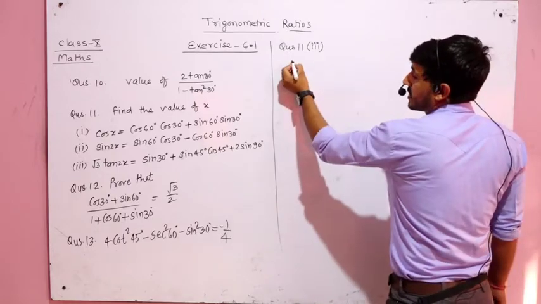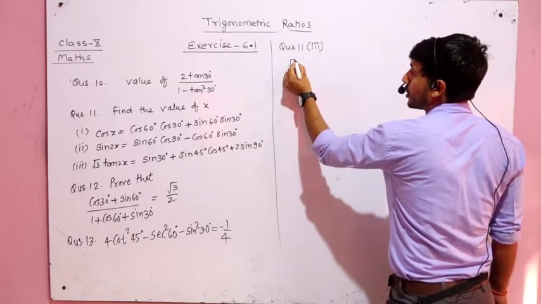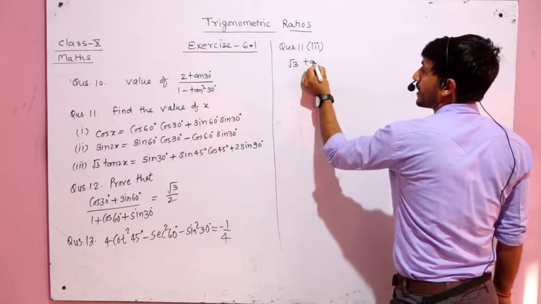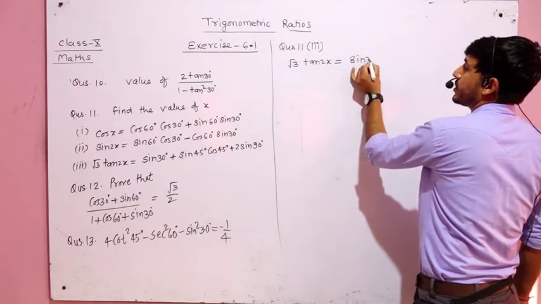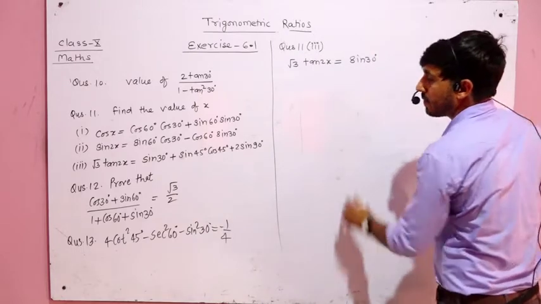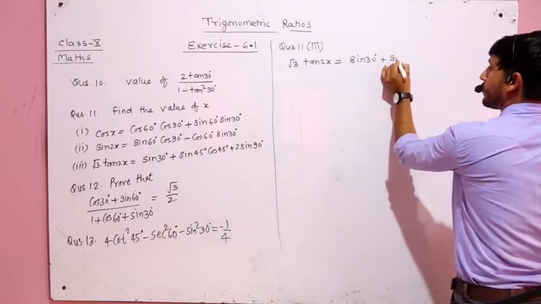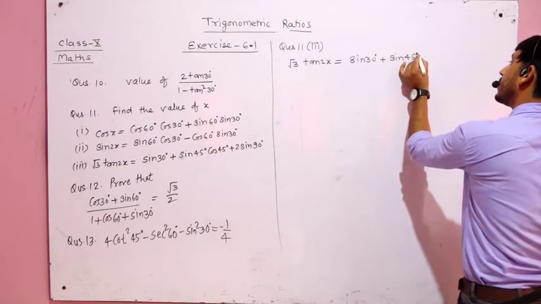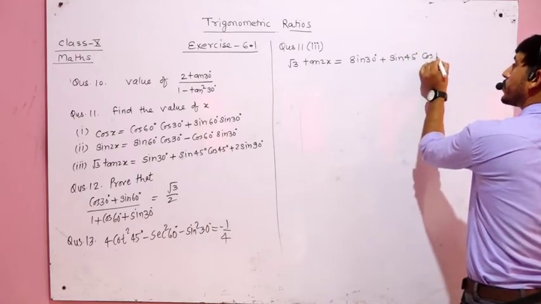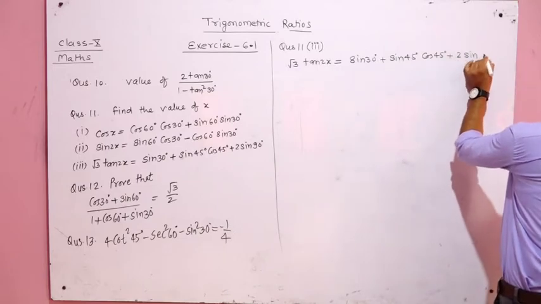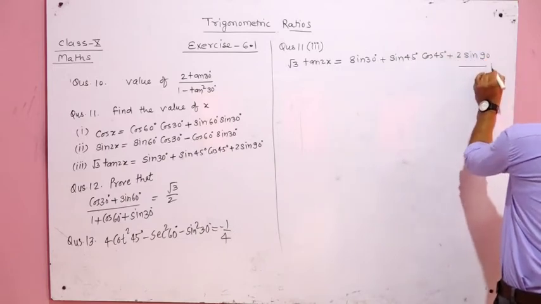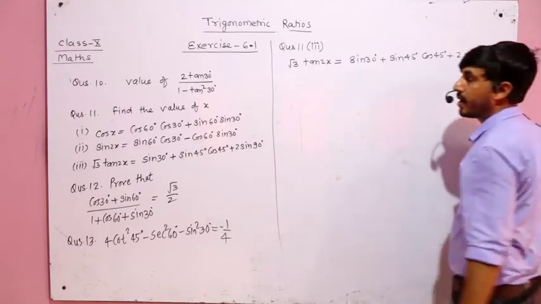The given function is root 3 tan 2x is equal to sin 30 degree plus sin 45 degree into cos 45 degree plus 2 sin 90 degree. That is taken as equation number 1.